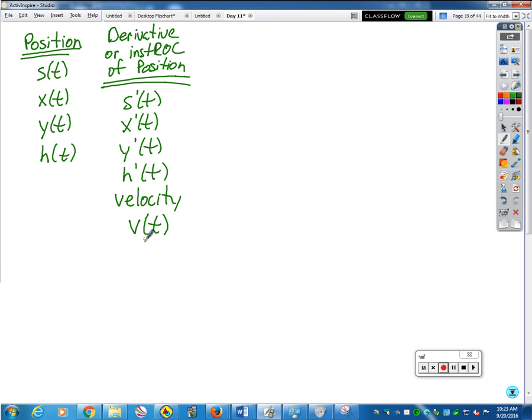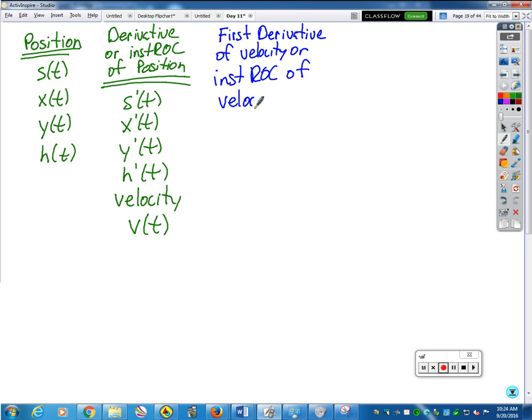Awesome. If we start taking another derivative, let's write down the first derivative of velocity, or the instantaneous rate of change of velocity, or the second derivative of position.